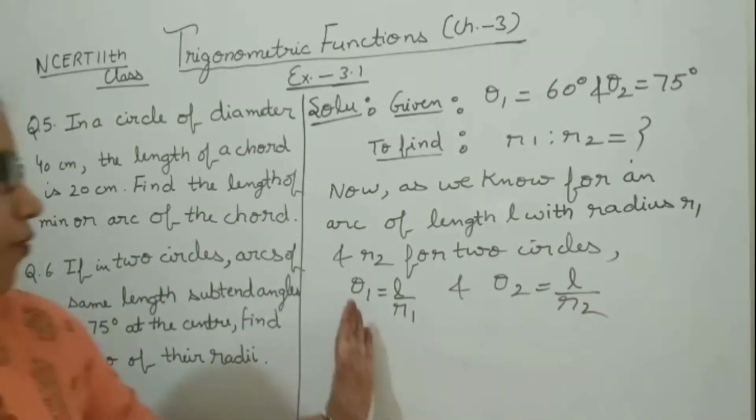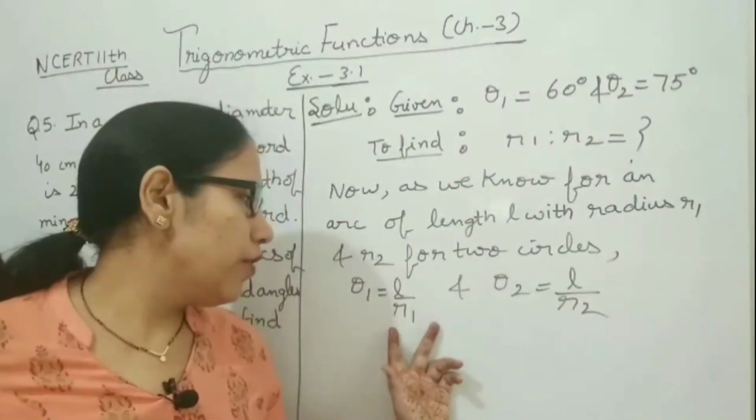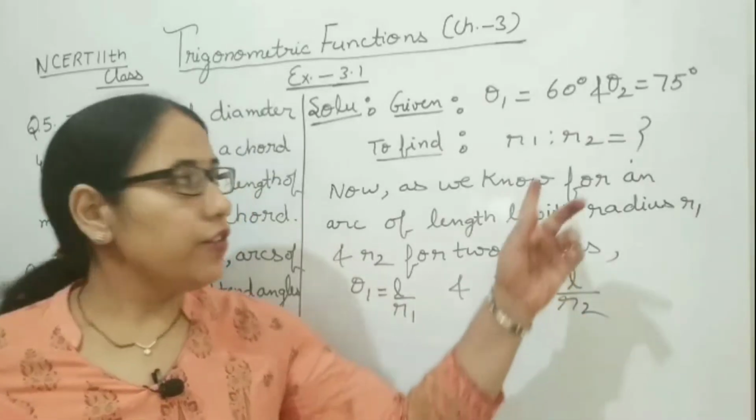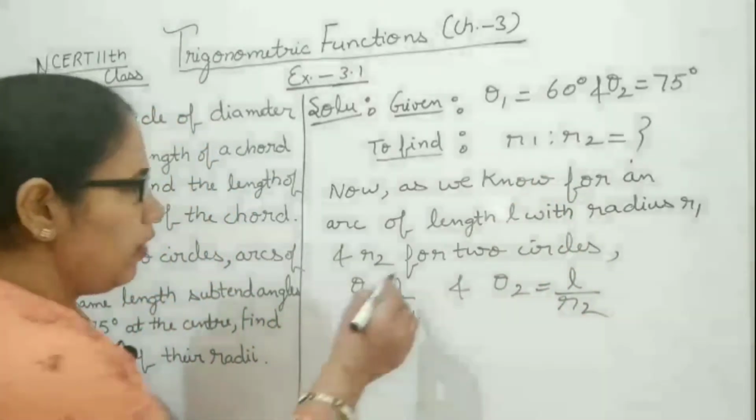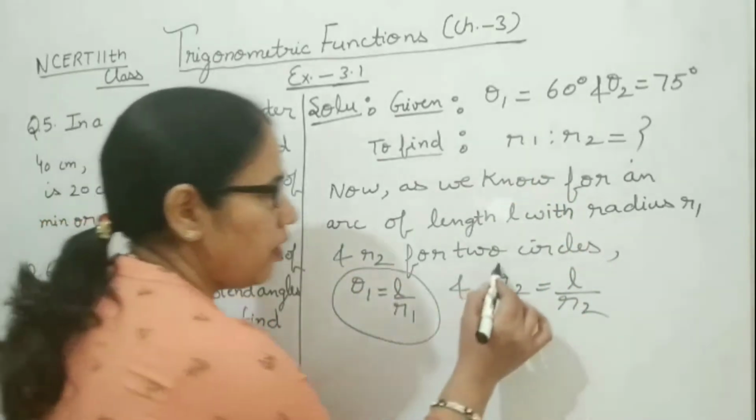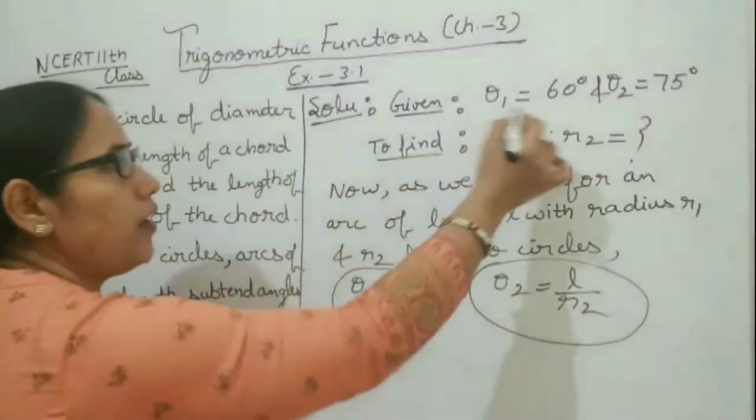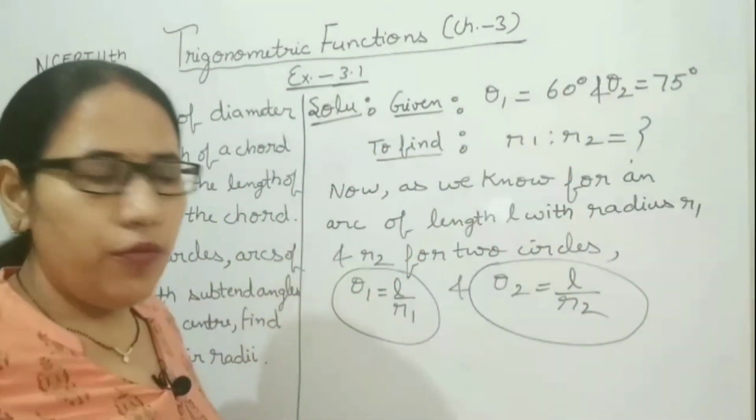Clear? Now with the use of this we have to calculate the ratio of R1 and R2. And in these formulas theta is in radians.